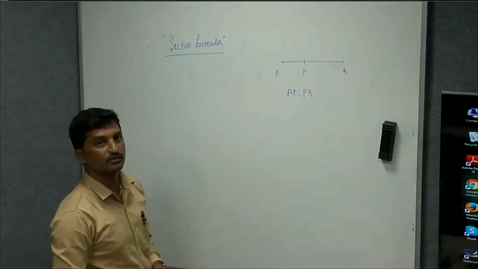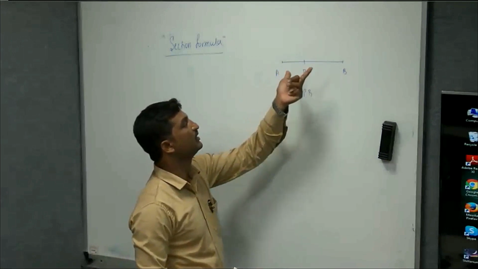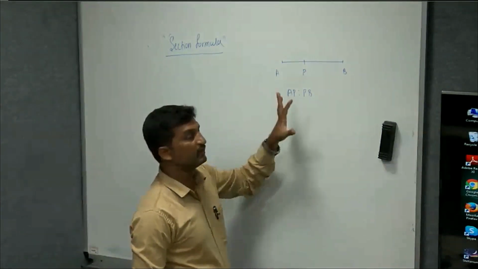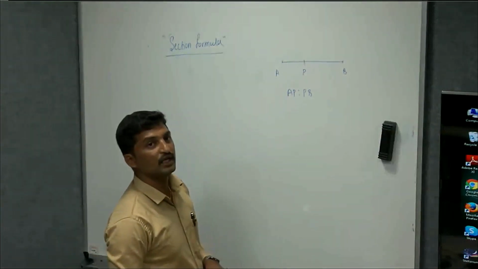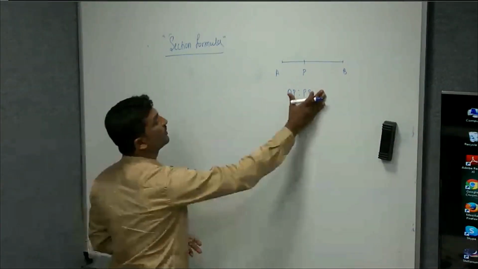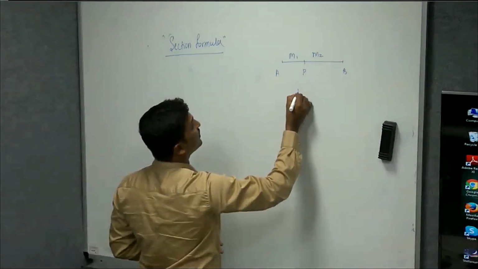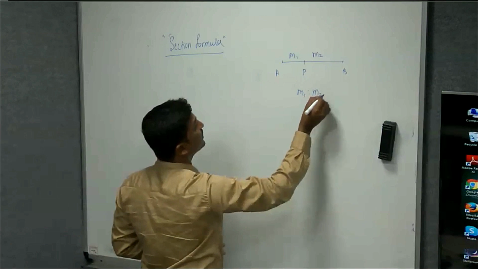Comparison means ratio. How many times AP is equal to BP, or how many times BP is equal to AP, like that. That is a comparison, that we call a ratio. In section formula, we represent this ratio as m1 is to m2.